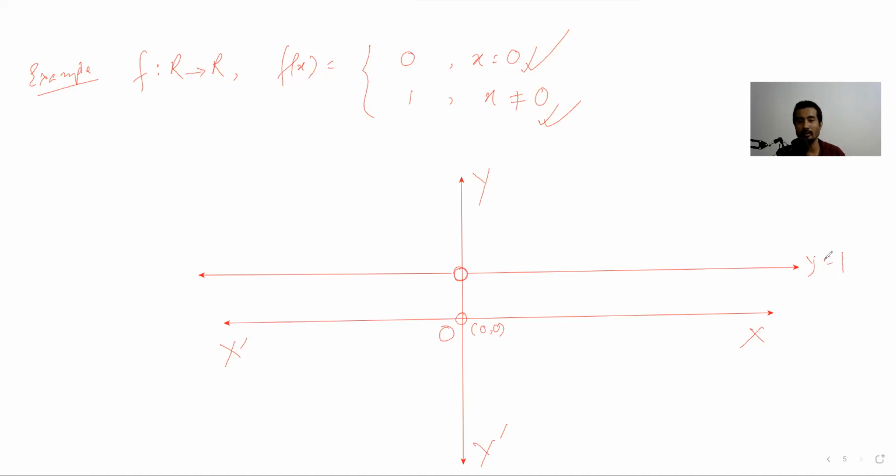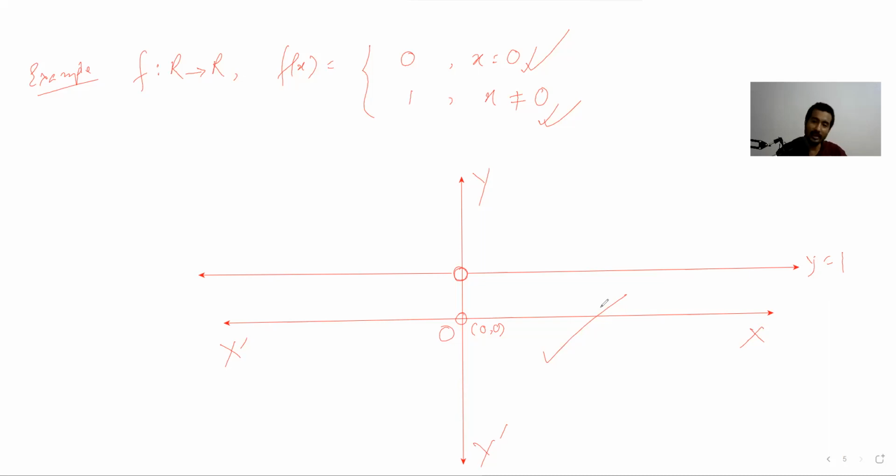If x is not equal to 0, look at the positive direction of the x-axis. Then x is a positive quantity, and as I have already told you, there is no starting point whenever x is a positive real number. So we cannot join this line y equal to 1 to the y-axis. And using the same explanation, whenever x is negative, it does not have any starting point. So we cannot join this line with the y-axis.